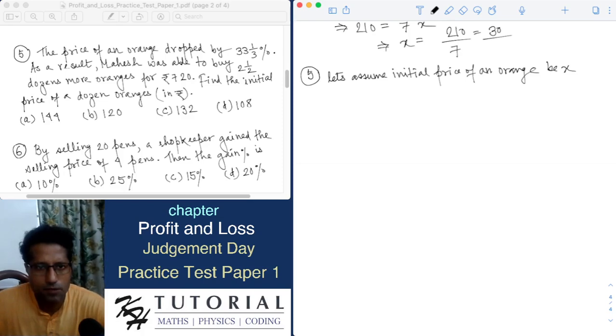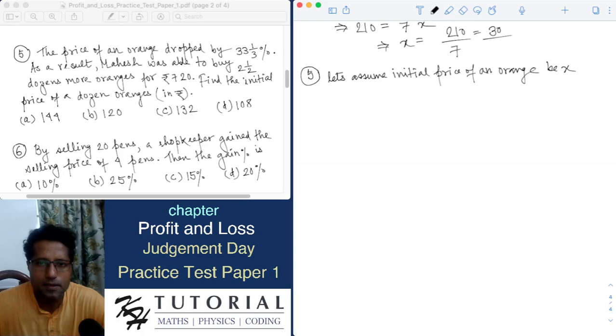Now, as a result, Mahesh was able to buy 2.5 dozens more oranges for rupees 720. You need to understand this statement very carefully. It is saying that after there was a price drop of an orange, Mahesh was able to buy 2.5 dozen more oranges for rupees 720.